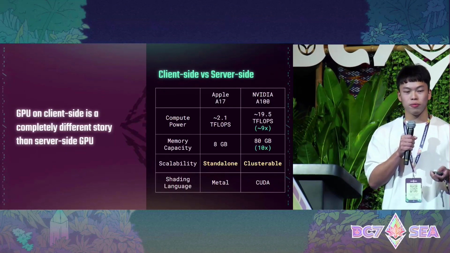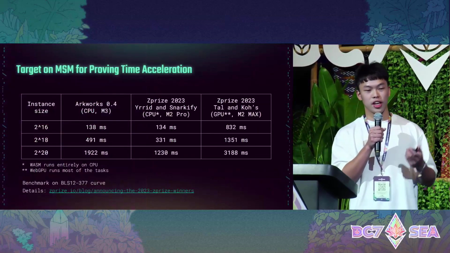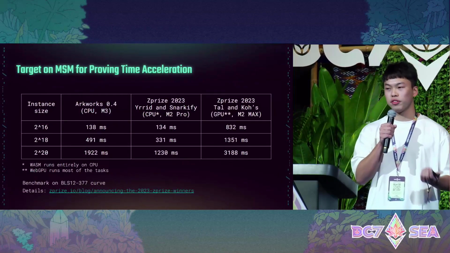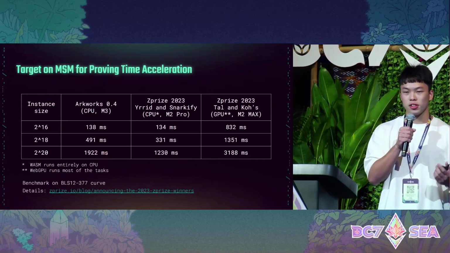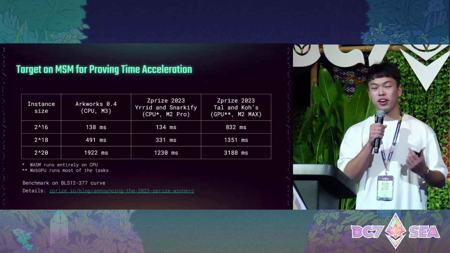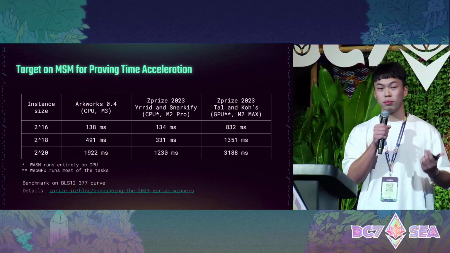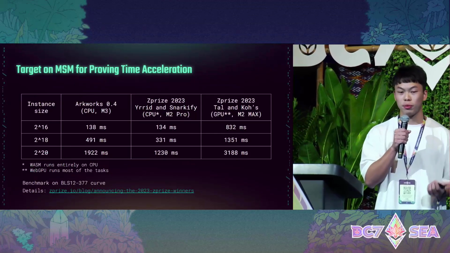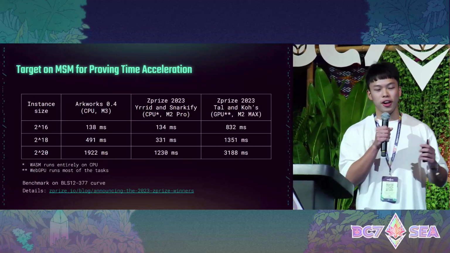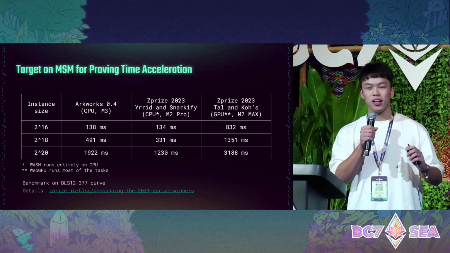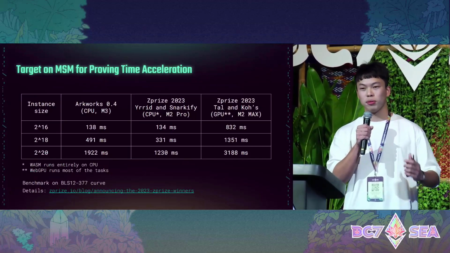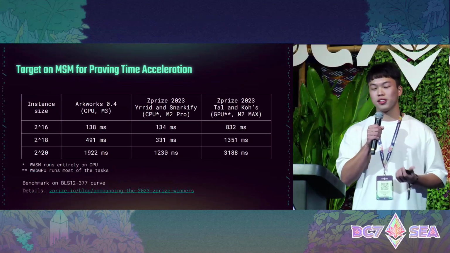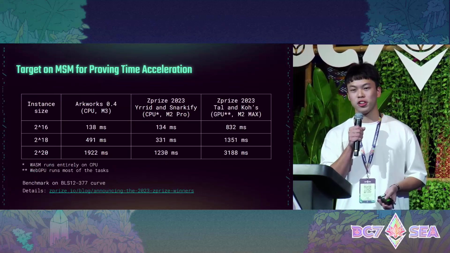We target MSM to accelerate because it encompasses 70% of the proving time in Groth16. The first thing we found is that the current CPU implementation is much faster than the GPU one from the Z-Prize 2023 winners. The second thing is that although the GPU is much slower in this case, when the instance size grows, the GPU has the potential to shine at larger instance sizes.